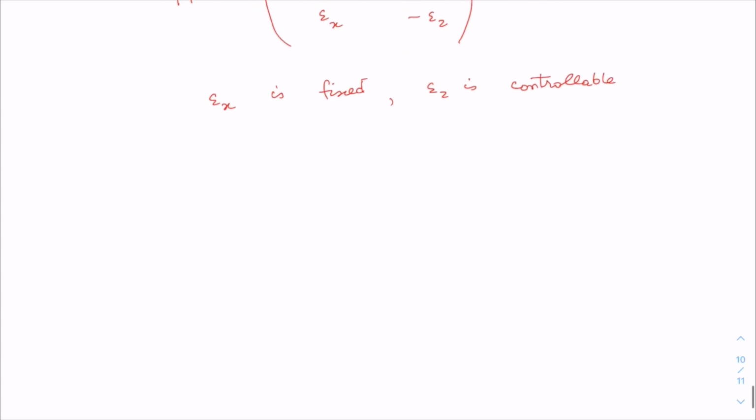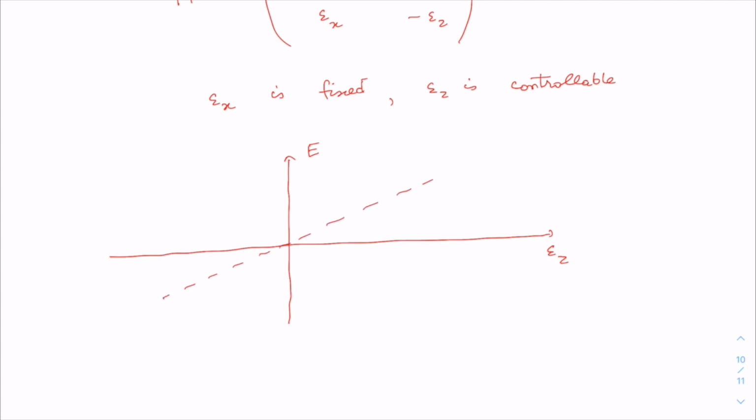Then we obtain the E versus ε_z plot like this, as we discussed a short while ago. So we had these plots here. When ε_x is non-zero, they don't cross. We get this avoided crossing.